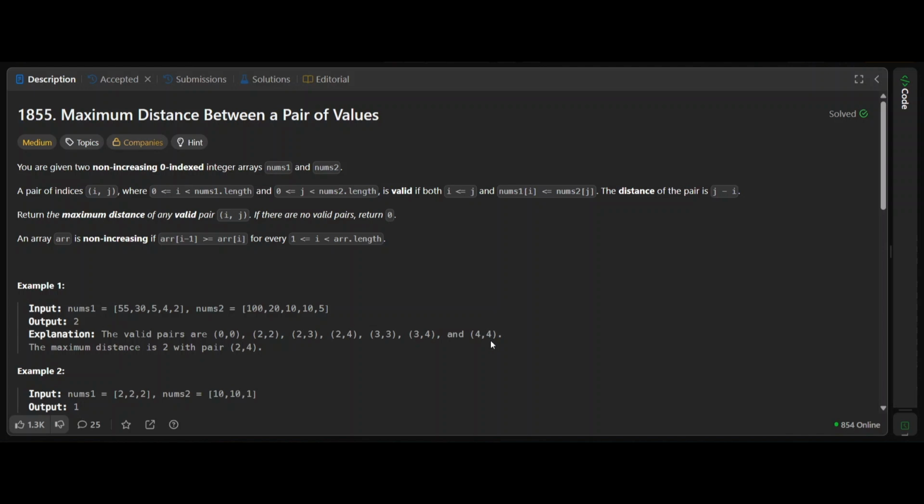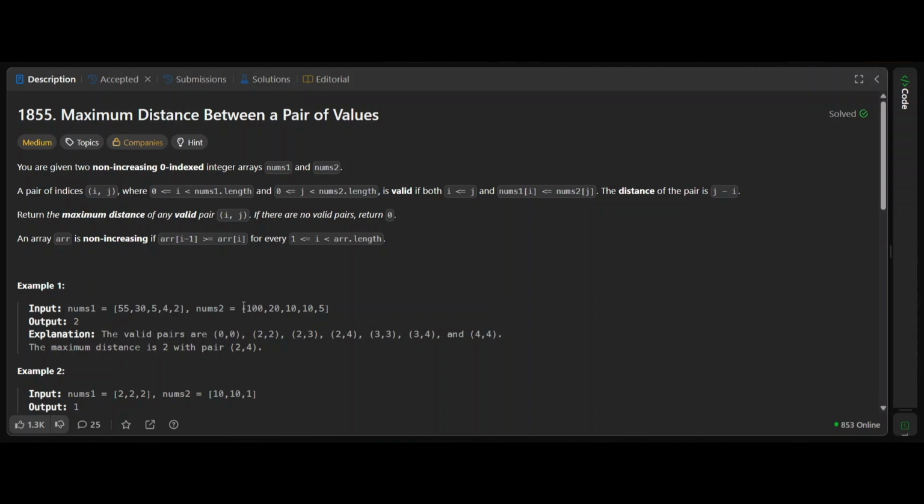The very basic thing that comes to mind is that we need to search for something. If I ask what the maximum distance can be, if I take a number from nums1, what do I need in nums2? Whatever the index of the ith number in nums1, we need to search in nums2 from that index or equal to it till the end.